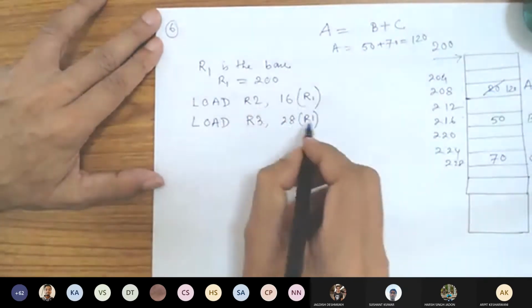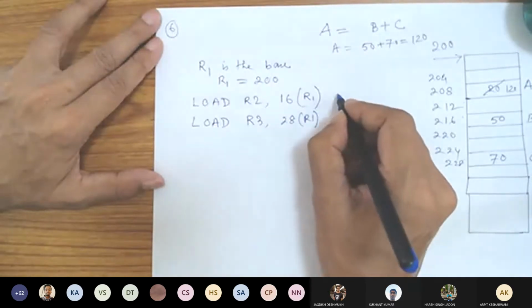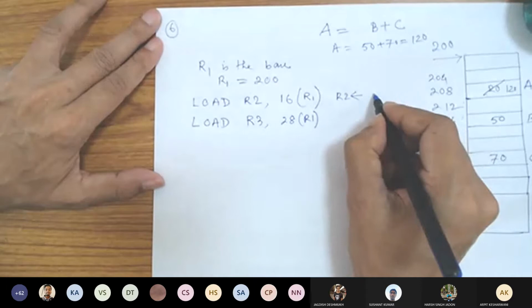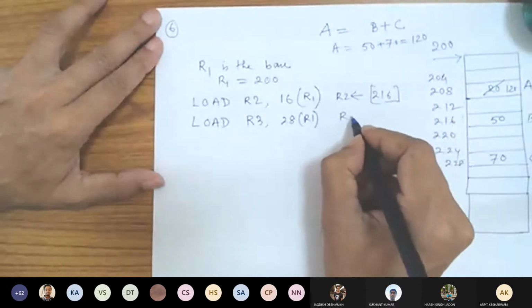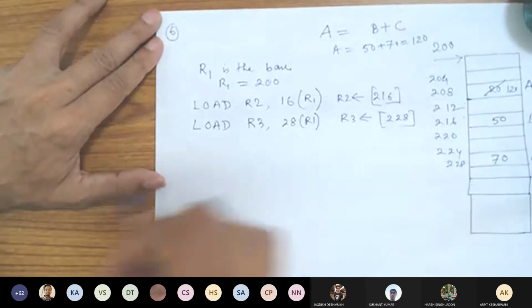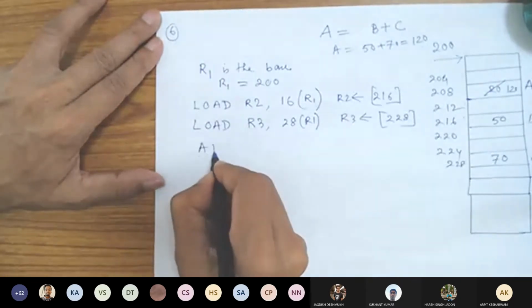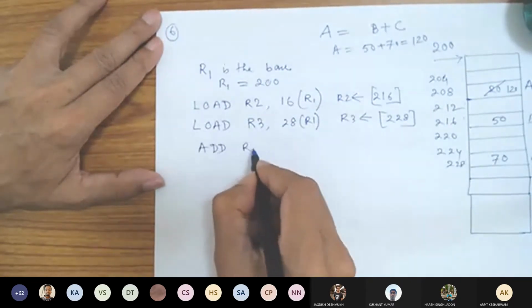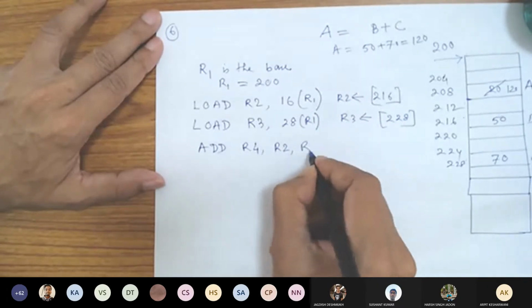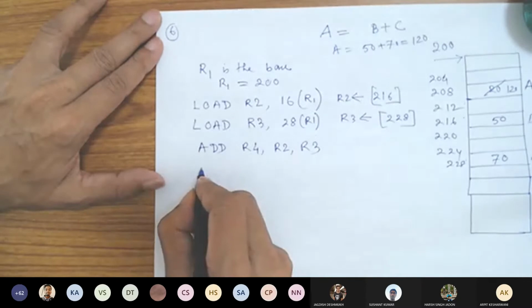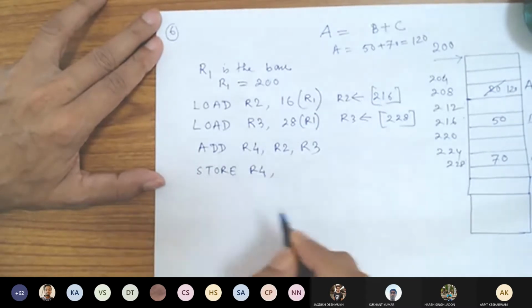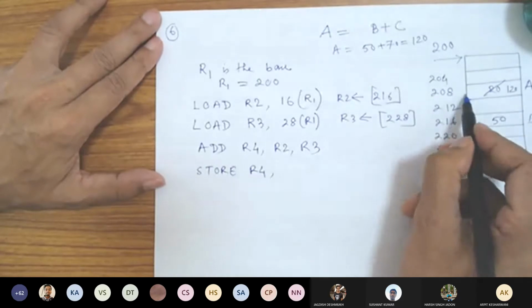What it does is it brings the value R2 equals to 216, R3 equals to 228, and you do add R4, R2, R3, then you do store R4, where I need to store 8.